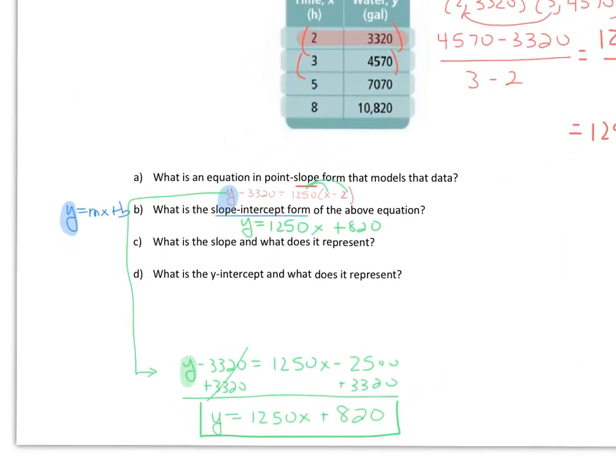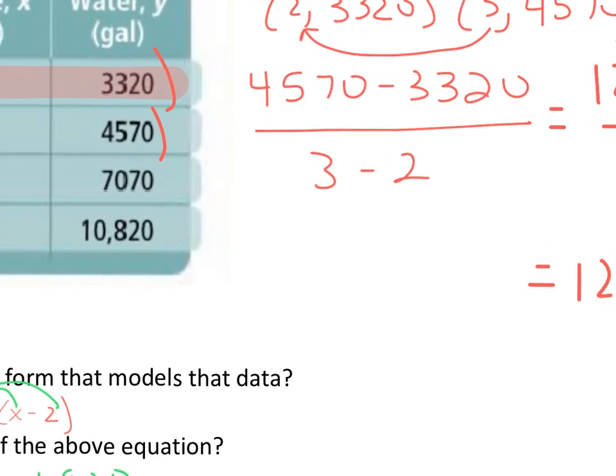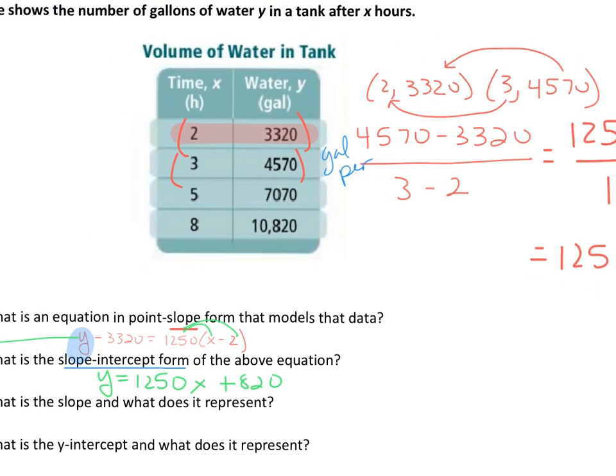Okay, so now what's the slope and what does it represent? First off, we already know the slope is 1250. So what does it represent? Let's put the labels on it and find out. These are my gallons, right? So I've got gallons per, that's your fraction bar, and then what does this guy mean? Well, that's hours. So gallons per hour.